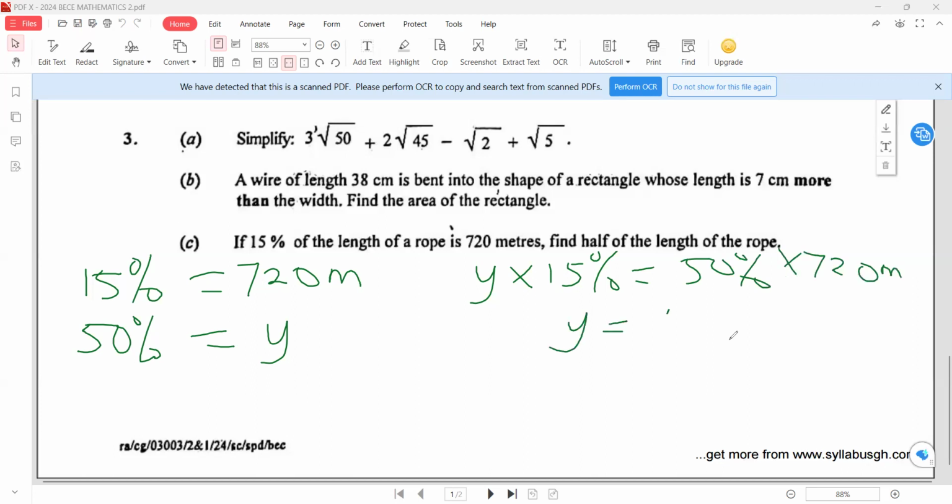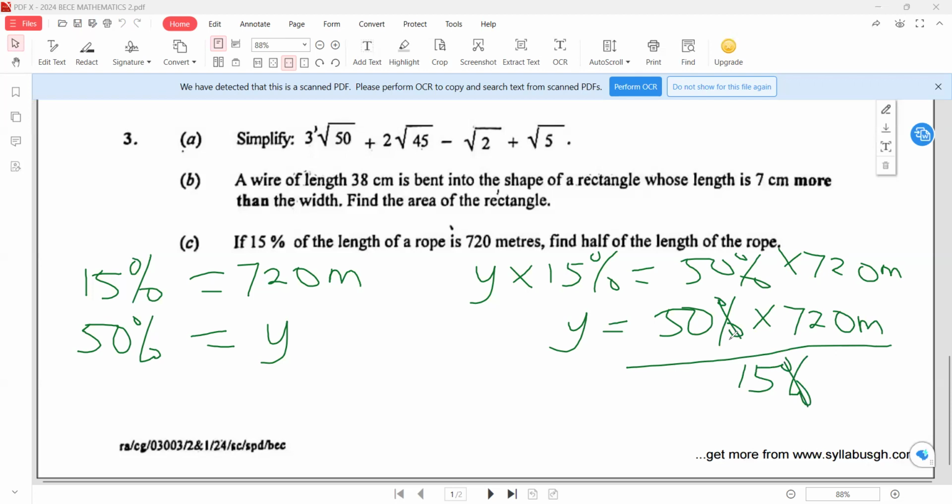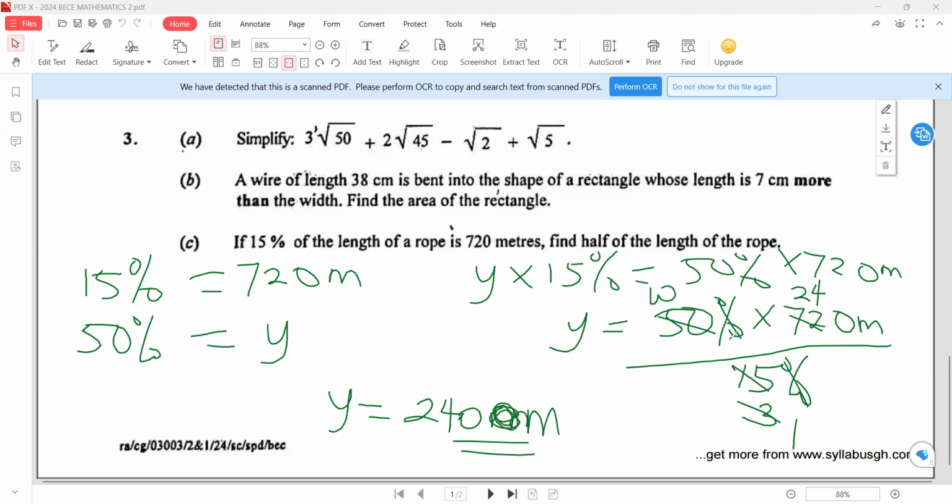So y should now be 50% times 720 meters out of 15%. Percentage goes off. 5 here, 3, 5 here, 10, 3 here, 1, 3 here, 24. So 10 times 24 is 240. Oh, sorry, 10 times 240. There is a zero there. And that's 2,400 meters.